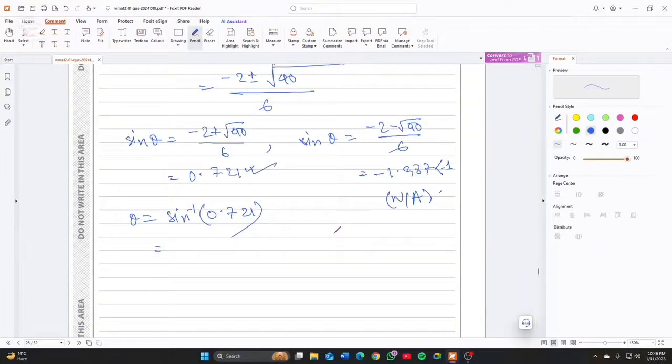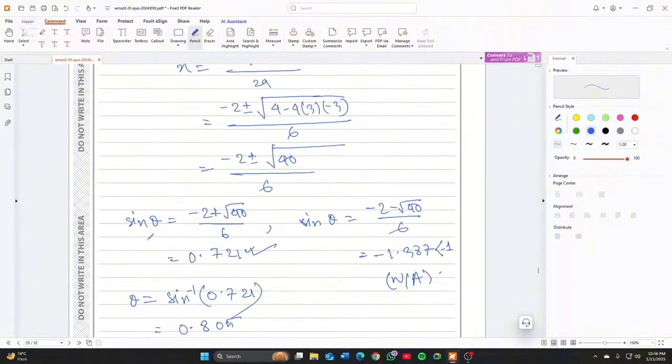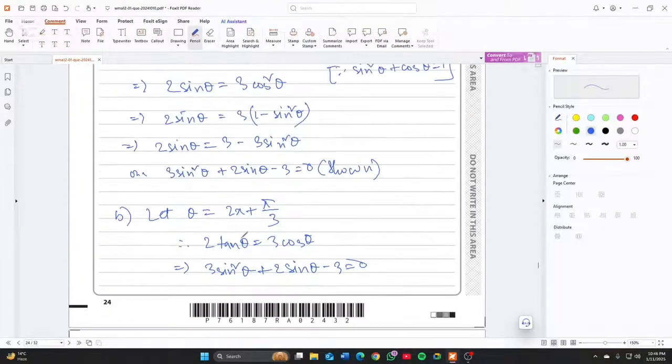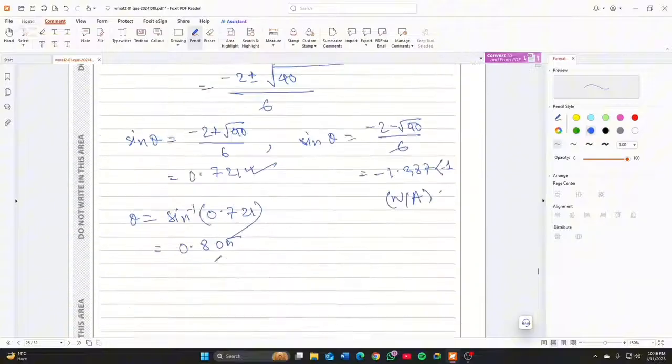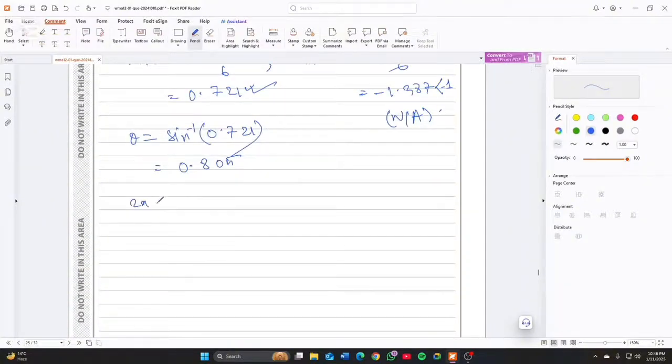Let me change my calculator settings to radian, and then sine inverse 0.721 gives us 0.805. Now we made theta equal to 2x plus pi by 3, so just put the value here. So 2x plus pi by 3 will be equal to 0.805.